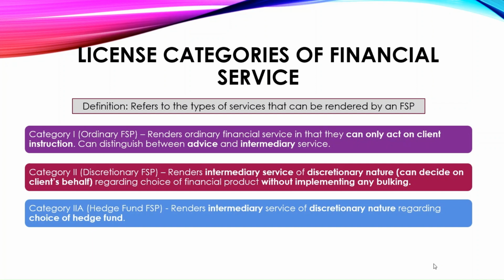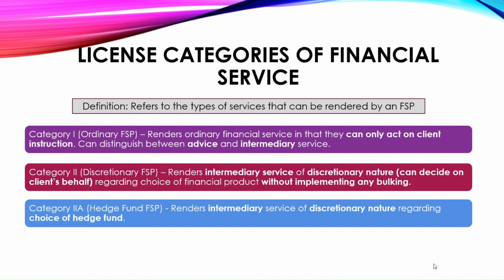Let's get to category 2A FSP. So category 2A FSP is a form of category 2 FSP, but with a more specific product associated with it. So similar to a category 2 FSP, a hedge fund FSP or category 2A FSP renders an intermediary service of a discretionary nature, meaning that it can act on the client's behalf.